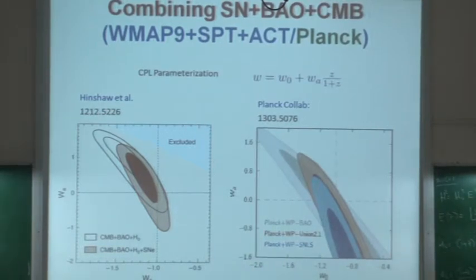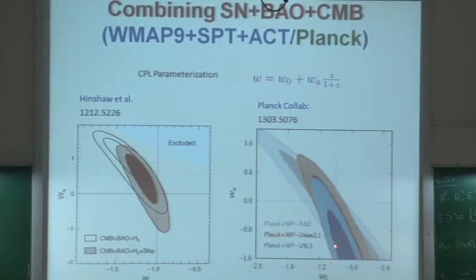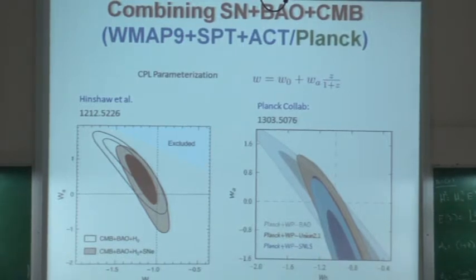Okay? So what we have from this is that dark energy is there. W naught is never 0 from all these contours. W naught equal to 0 is not allowed. What is allowed is at least a negative equation of state. So dark energy is there. The cosmological constant is more or less allowed, just at the boundary of the 1 sigma. Another important factor is that the allowed region of W naught, and this is a huge portion, is less than -1. Okay. So this is a very, very important thing.